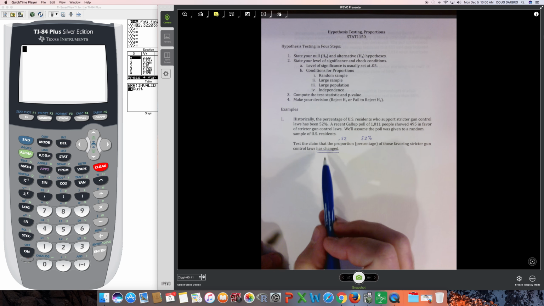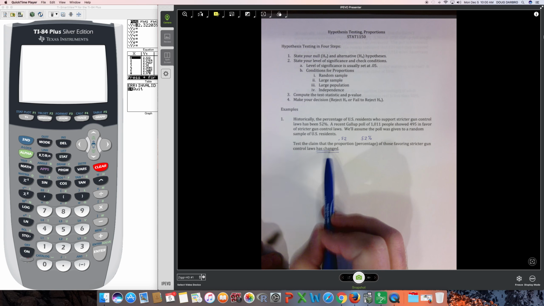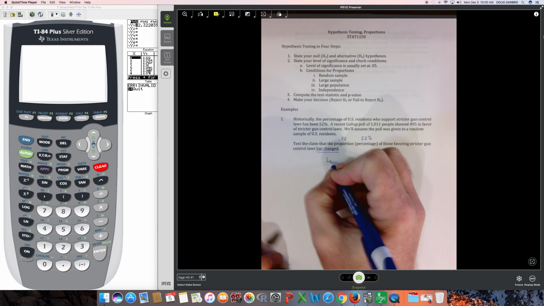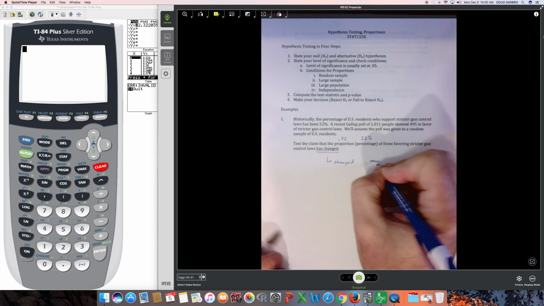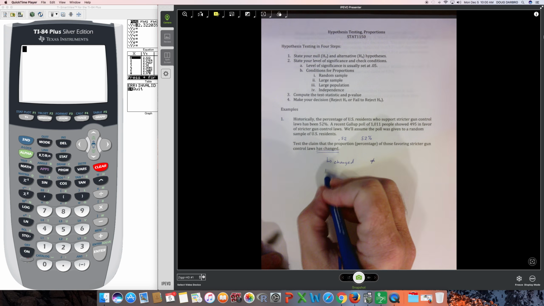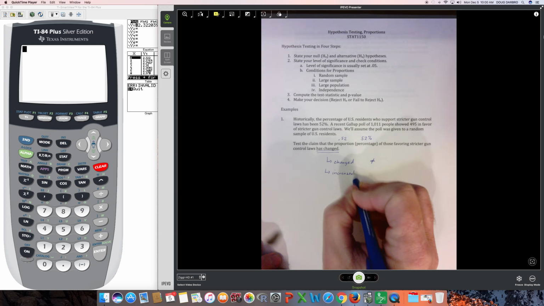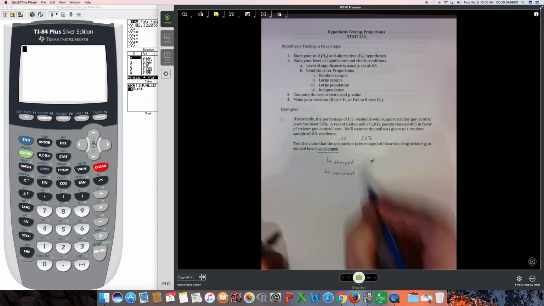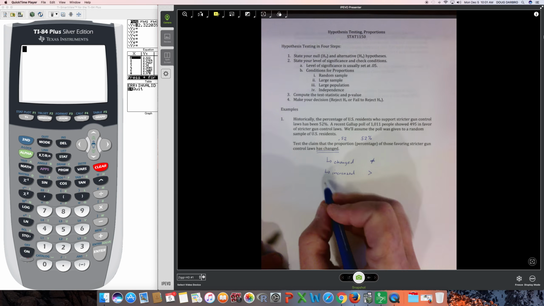And notice that this could have been phrased 3 different ways. Has it just generically changed? In that situation, we know that we're going to have a not equal to in the alternative hypothesis. Are we wanting to test that it has increased? If that's the case, we'll use greater than in the alternative hypothesis.